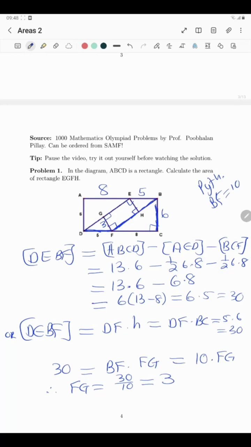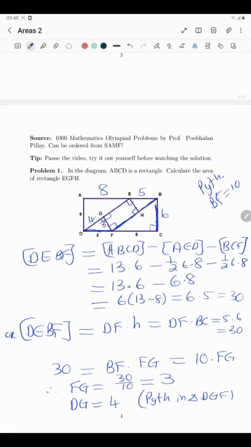And again, now if you focus on triangle DGF, you know two of the sides. You know the hypotenuse DF, which is 5 units. You know that GF is 3 units. So using the theorem of Pythagoras, you can establish, I'm leaving that calculation for you, that DG is going to be 4 units using Pythagoras in triangle DGF.